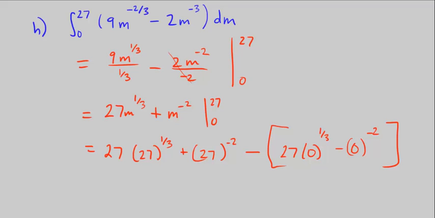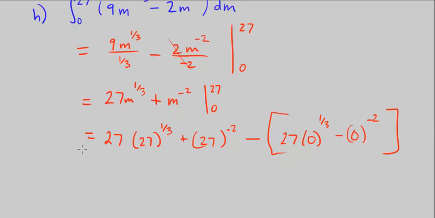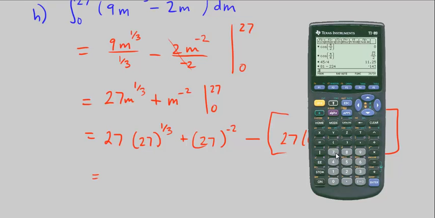We want to go ahead and simplify. Okay, so 27 to the 1/3 power is 3, right? Let me just check that. 27, because 3 times 3 times 3. It's fun to use our calculators. 1/3 power is 3.